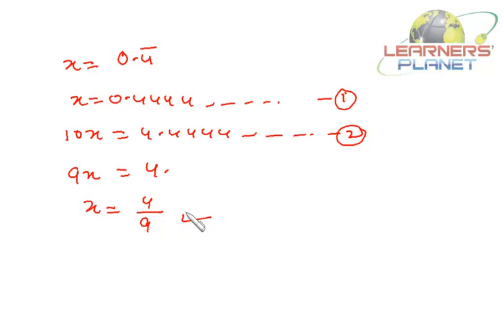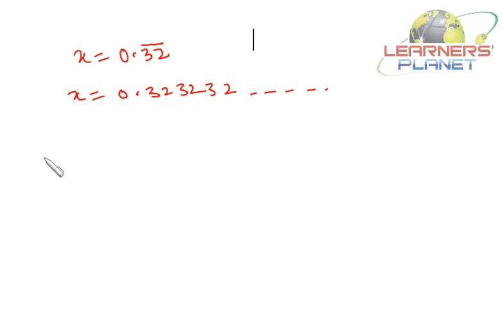Okay, let me take one or two more examples. Suppose I have a number, say x is 0.32 bar. That means x is equal to 0.323232. Let me multiply both the sides by 10. 10x will be 3.23232.